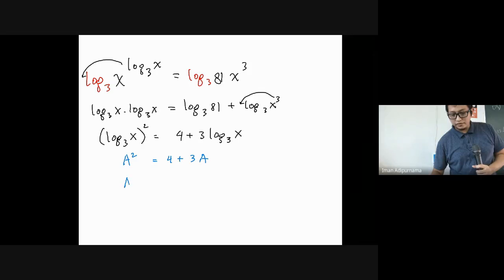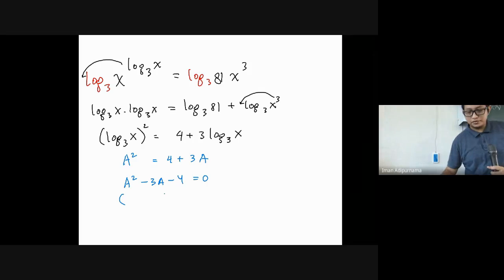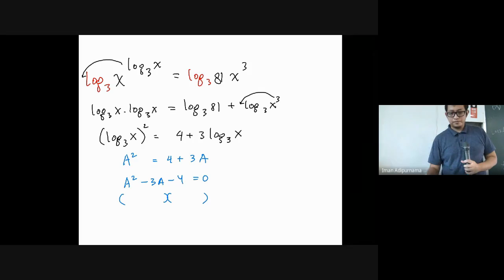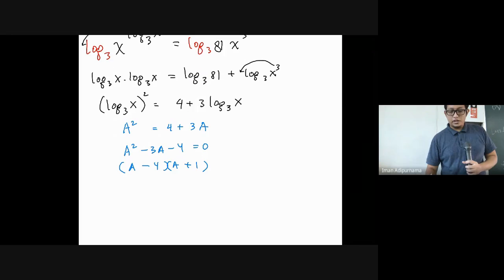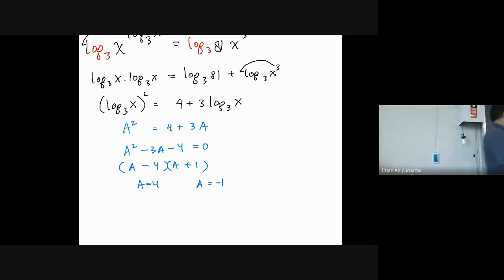And solve this by factorization. A minus 4, right? A plus 1. So you get a is 4 and a is negative 1. But don't forget it's still a. We need to change back to the original log base of 3.